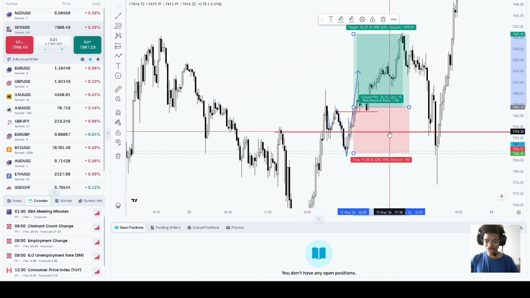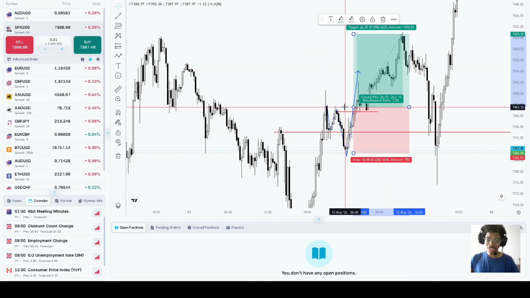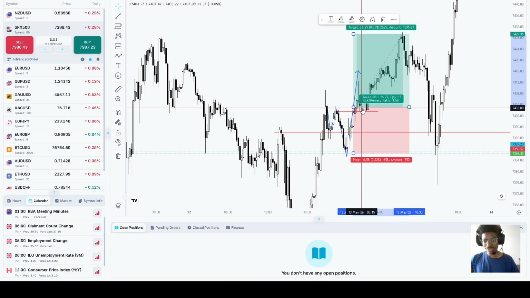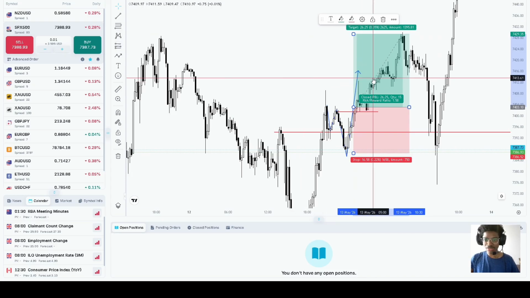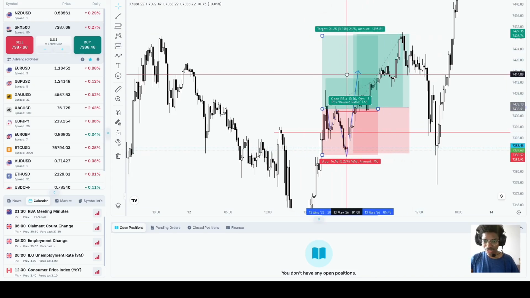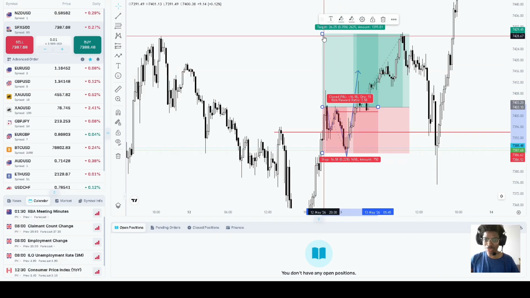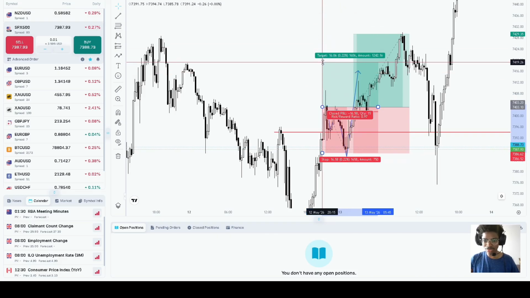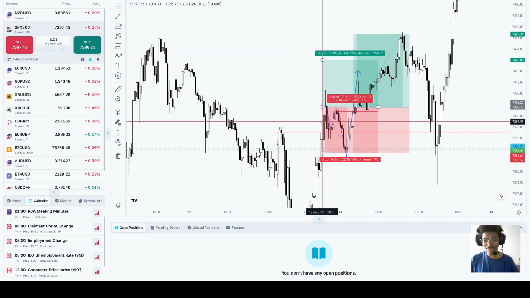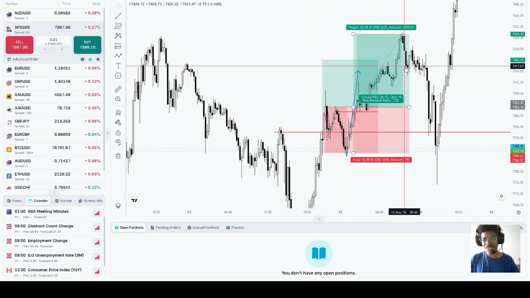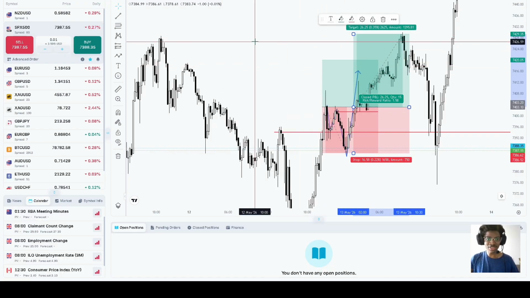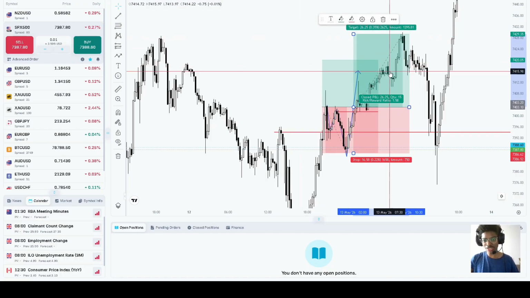Two positions, each one risking $50. Let me copy this one with the same stop loss, but put it at 1 to 1 risk to reward. And the other one, put at the standard risk to reward that you have here.